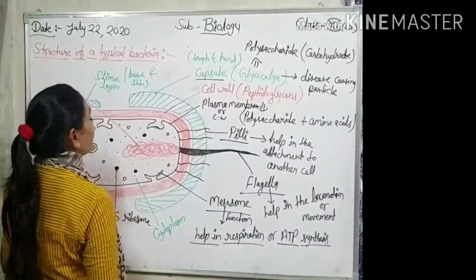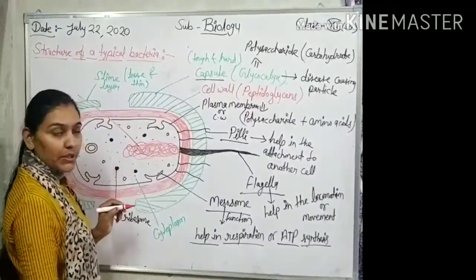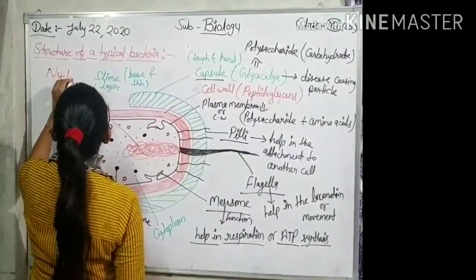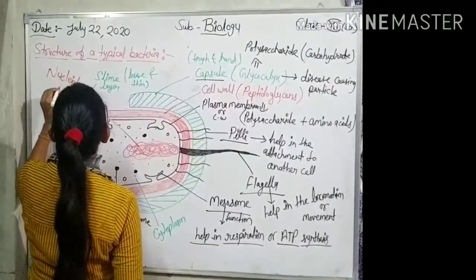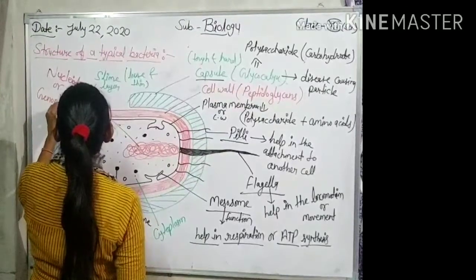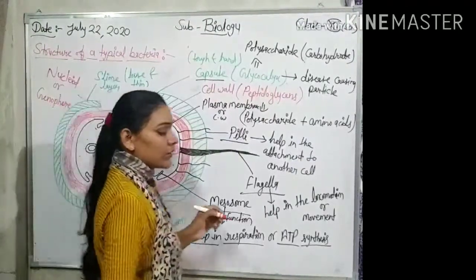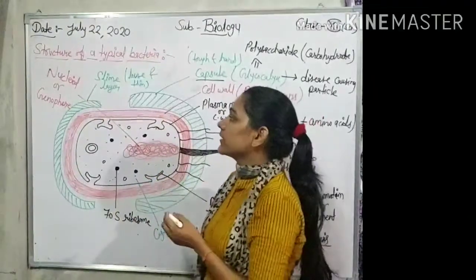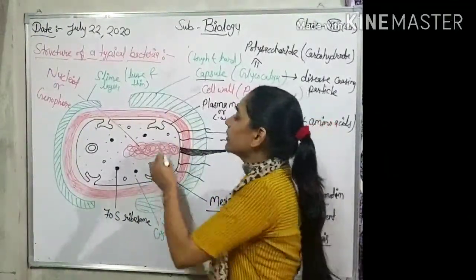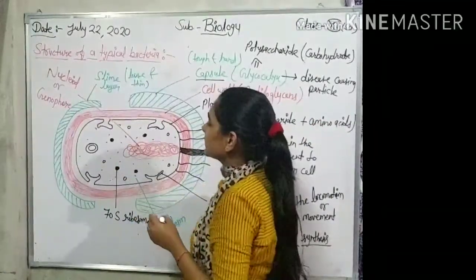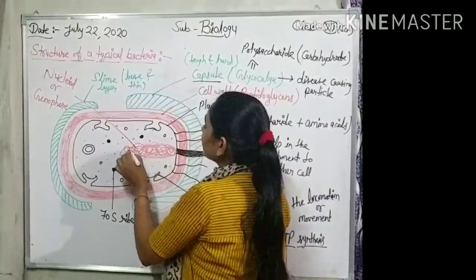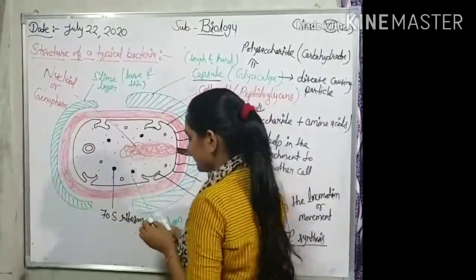Due to its primitive nature it is known as nucleoid or genophore. The nucleus of bacteria is not a true nucleus because the nuclear membrane is absent, and it is spread in the cytoplasm.